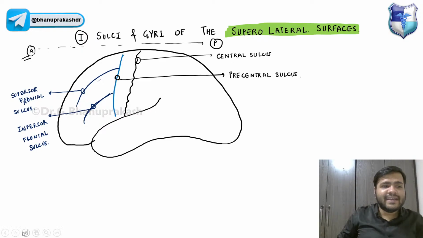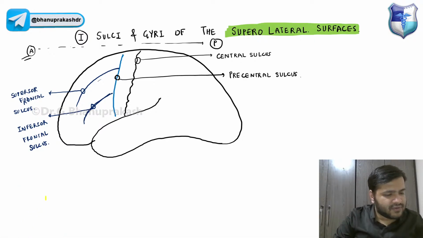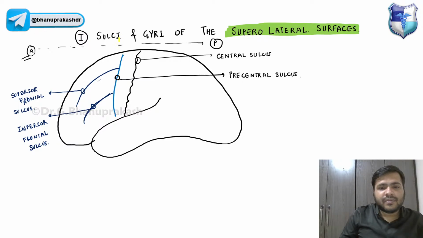Now what are the gyri in between, guys? The gyri in between, you have to remember over here. Yes, Eren Raj Patel, very good. In between the pre-central sulcus and the central sulcus, this area which I'm highlighting over here is called the pre-central gyrus.